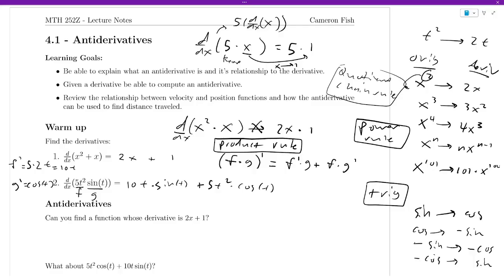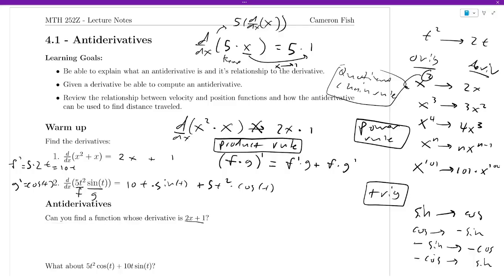So here's maybe a place you can pause and think about this for a second. I'll say an answer in a minute. Can you find a function whose derivative happens to be this guy, 2x plus 1? So some mystery function that when I do this derivative thing, I end up with 2x plus 1. So maybe pause and think about that for a minute. Okay, so really we want to think about these power rules, right?